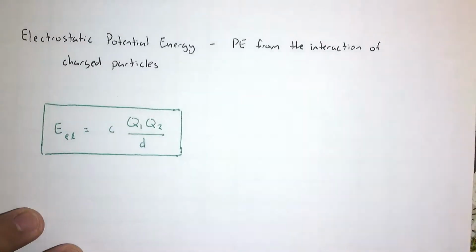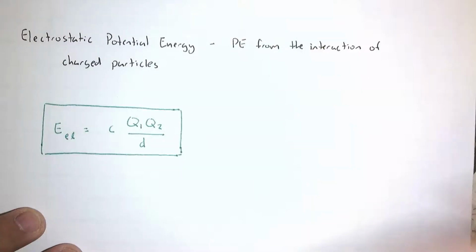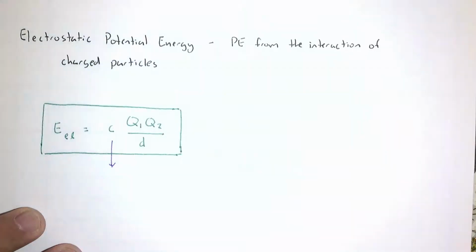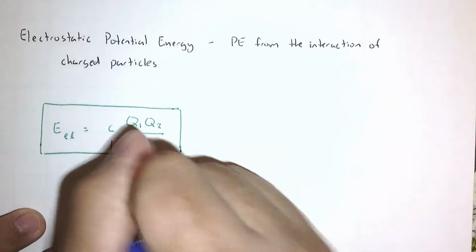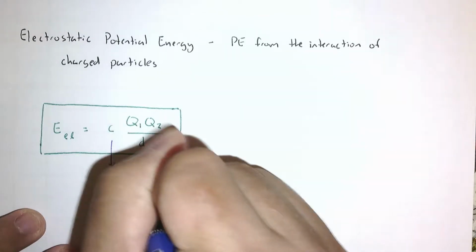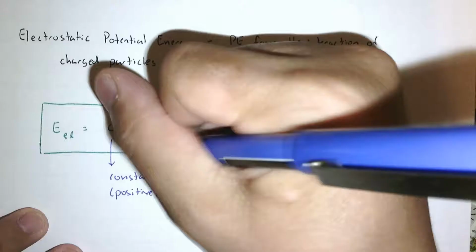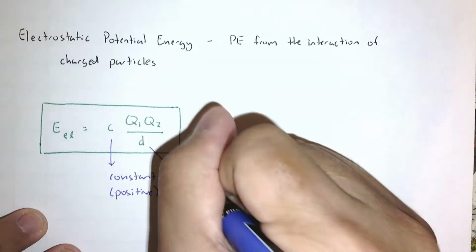How about some units on this electrostatic potential energy equation? C is a constant, and it's a positive constant. D is the distance between the two particles.